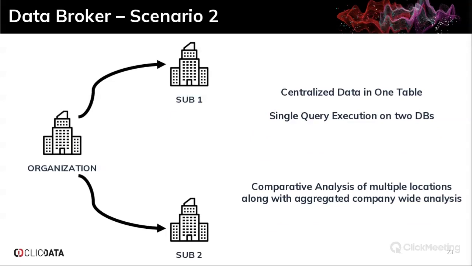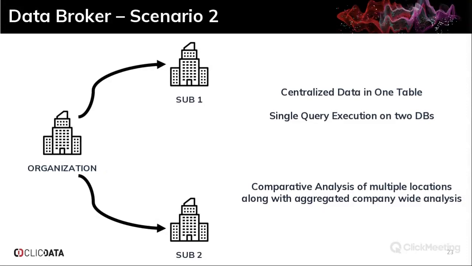The second use case I have come across using a connection broker is a parent, like a head branch and a sub branch, kind of setup. If there's an organization and they have a sister organization across different locations, then again using a connection broker, they can connect to databases from the organization, sub-organization 1, and sub-organization 2, and execute a single query on all these databases to get a single table on ClicData.